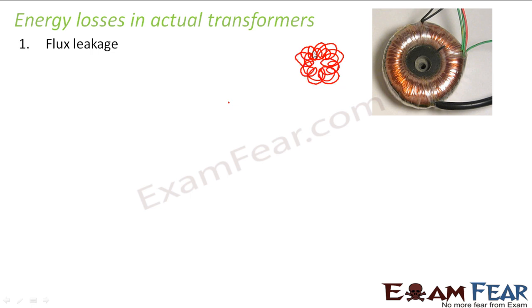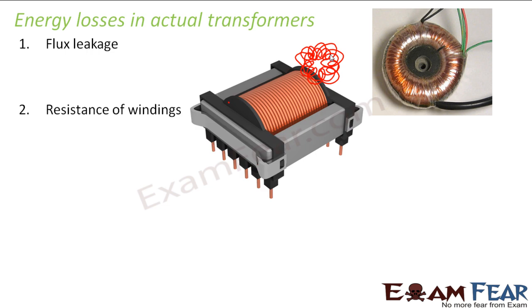So then there are no air gaps as such because the entire thing is shielded. Because it is toroidal, it is circular, so end to end it is completely locked. So the flux gets locked within the primary and the secondary coil, and there is no scope of leakage due to air gaps as there are no air gaps present here. So usage of toroidal transformer cores is a good way of preventing flux leakage.